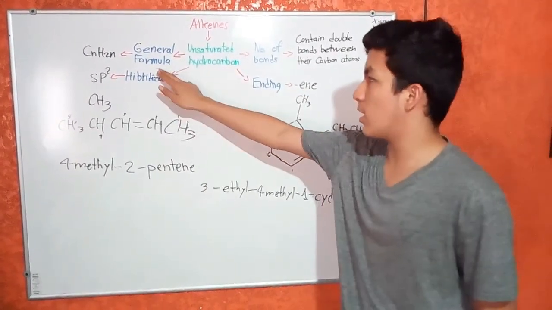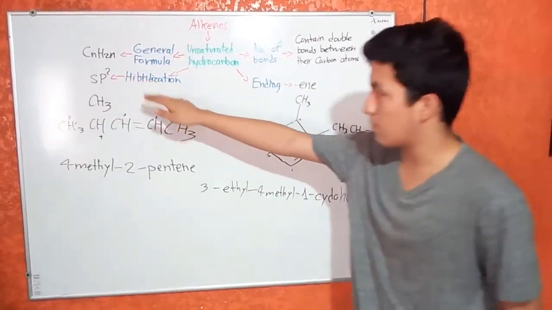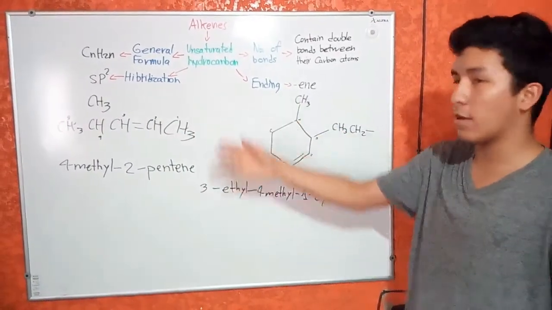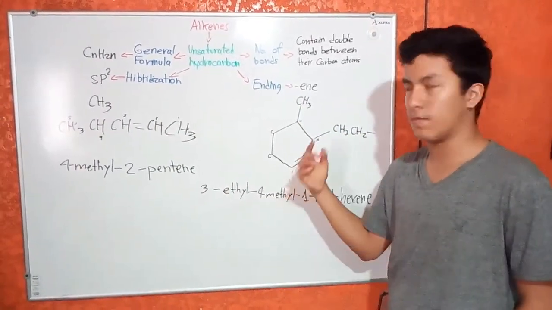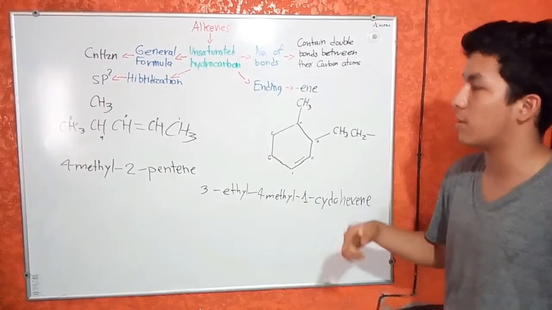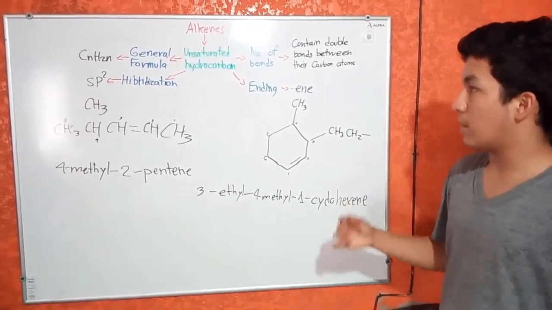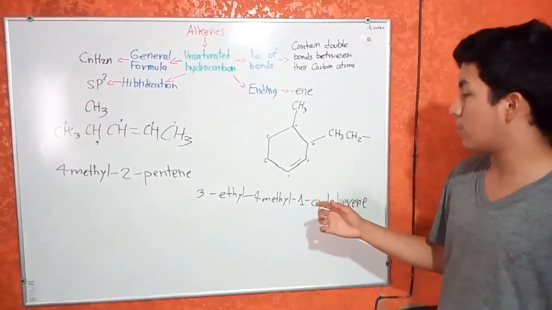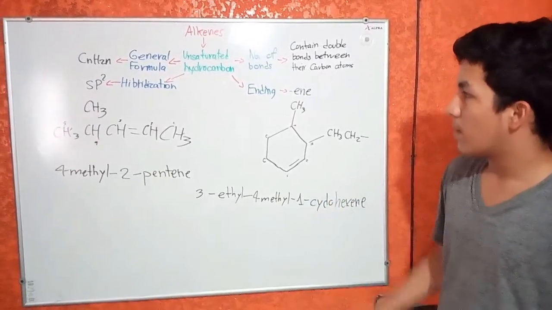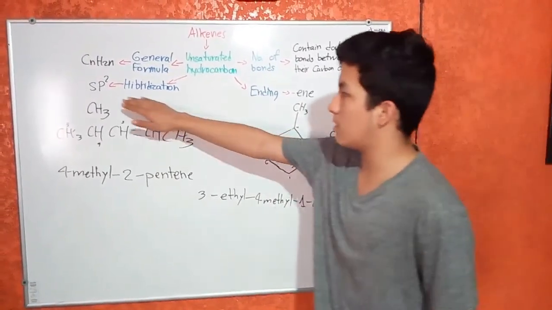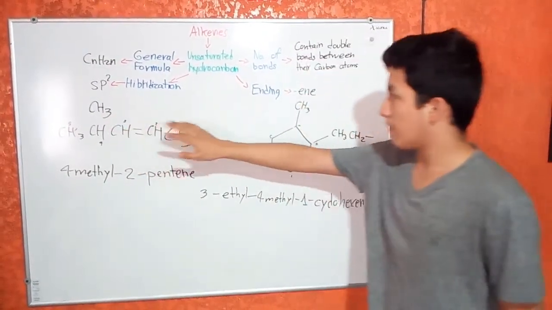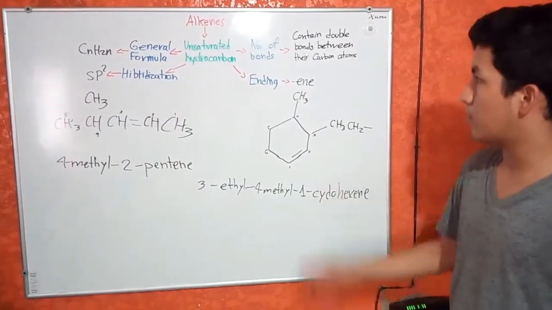The general formula is CnH2n, where the letter n, as we have already learned, stands for the number of carbon atoms in their compounds. The hybridization is sp2, and that's all the characteristics and information about the alkenes.